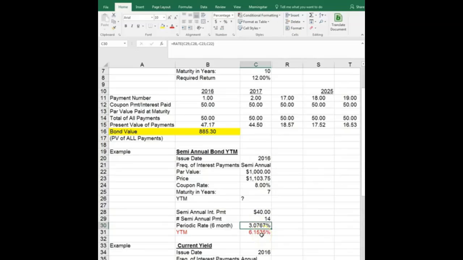We need to convert the periodic rate to a yield to maturity because all interest rates need to be in annual format. Think about it whenever you borrow money, lend money. When we discuss interest rates, they're always on an annualized basis. So we need to annualize that by simply multiplying the 6-month periodic rate by 2. So our yield to maturity is 6.15%.